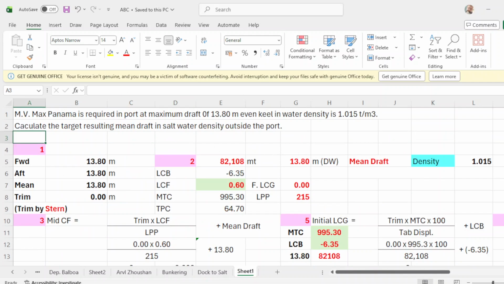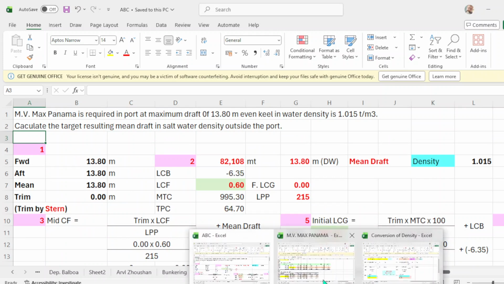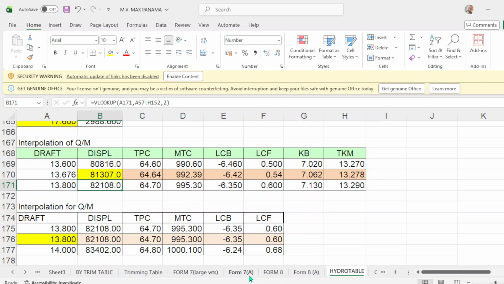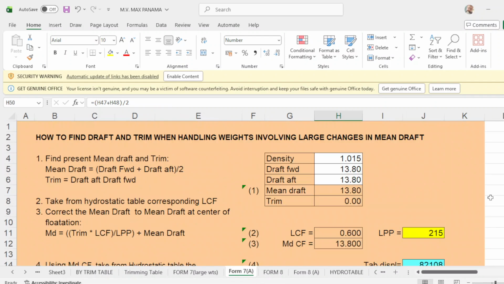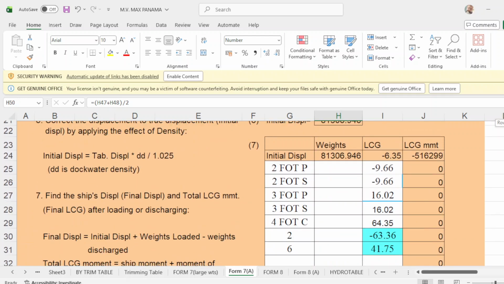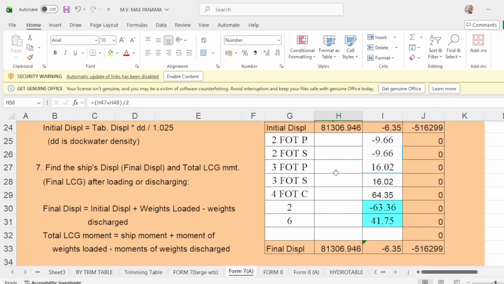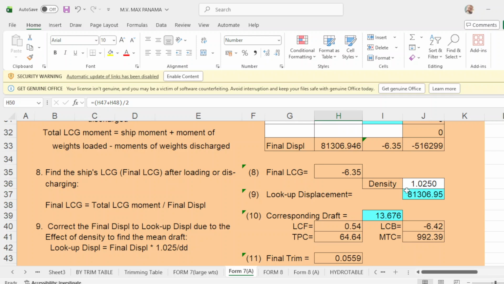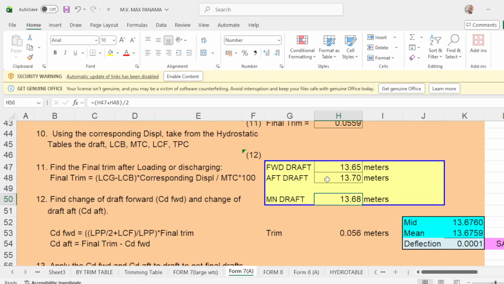So very simple. Again, you just input the quarter density, your forward and aft drop. Then if you have no cargoes to add or discharge, put nothing, and you put your density of seawater 1.25, then it will automatically compute for you the forward drop, aft drop, main drop, and your trim.